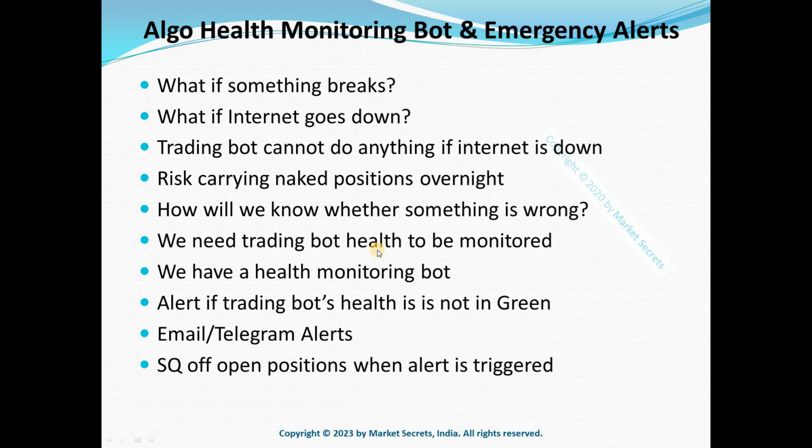If the trading bot is not functioning properly, the health monitoring bot will notify us, and it will also provide us with an action item on what needs to be done to fix the scenario. It happens very, very rarely. In such cases, we just have to log in and square off the open positions. That's the most probable action item we'll get, so we just have to follow those instructions.